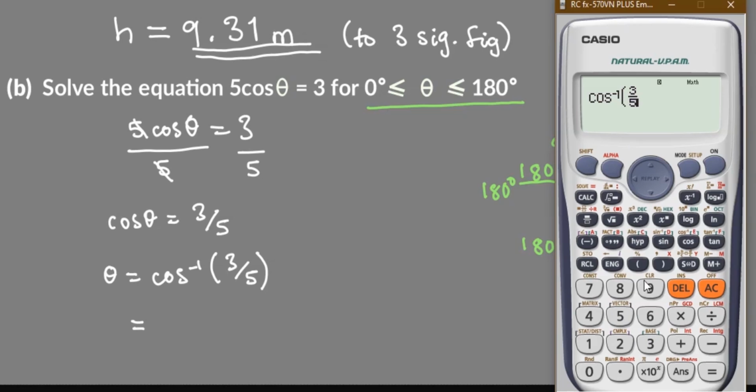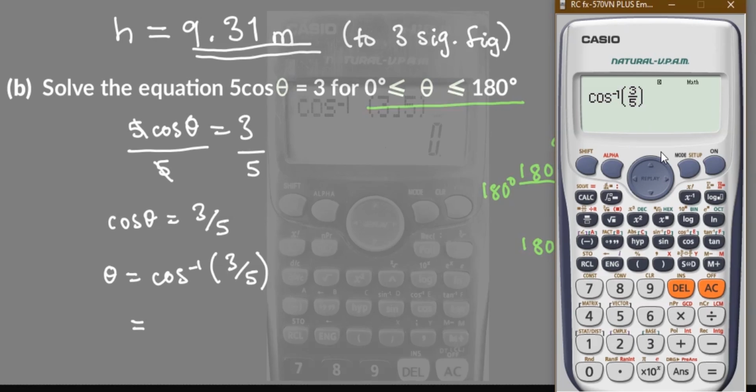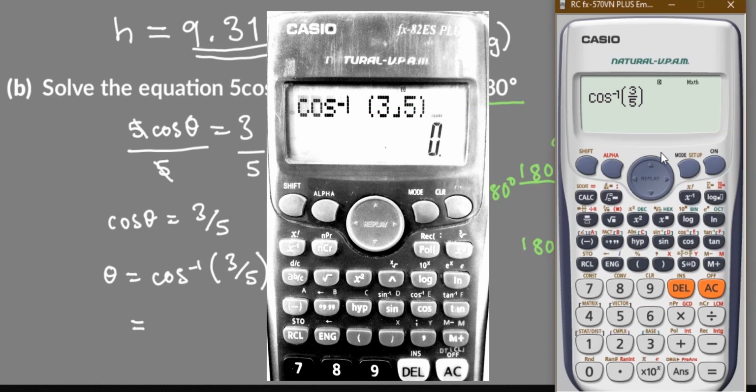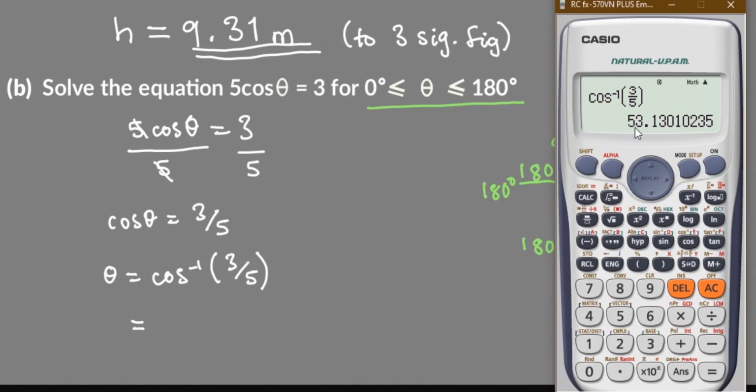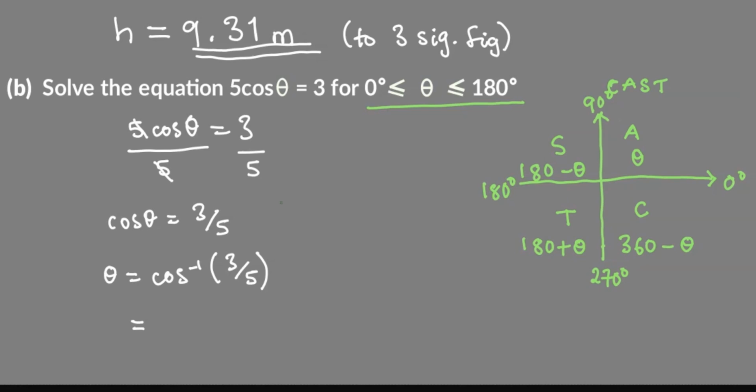For other calculators, it won't give you a display like this where it looks like a fraction. It will look like what I've just shown you on screen here. But for this one, it looks like a fraction. 53.13 is the value of theta. Having that we just want answers for angles to be correct to 1 decimal place, 53.1 degrees is fine. This is our final answer.